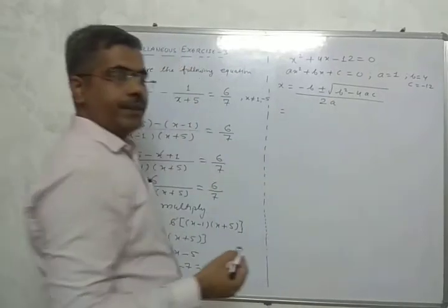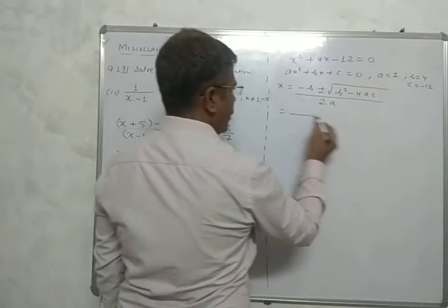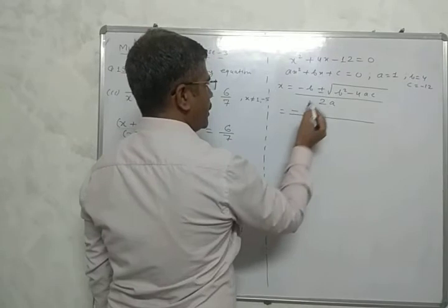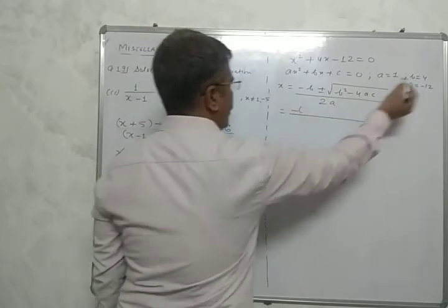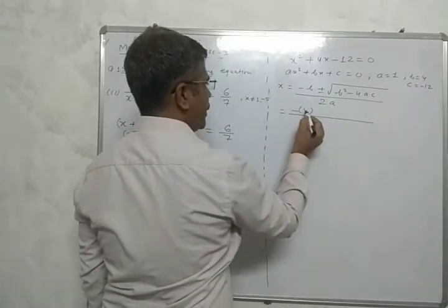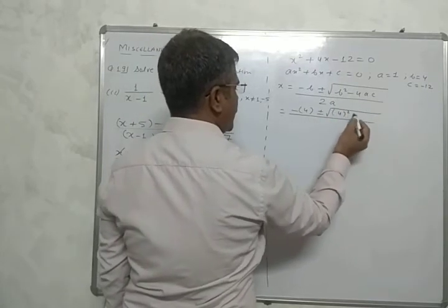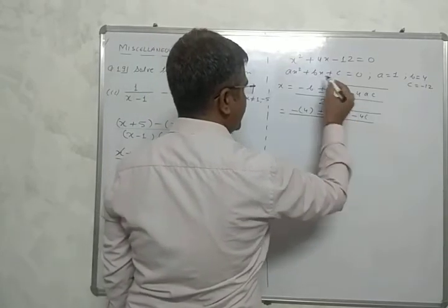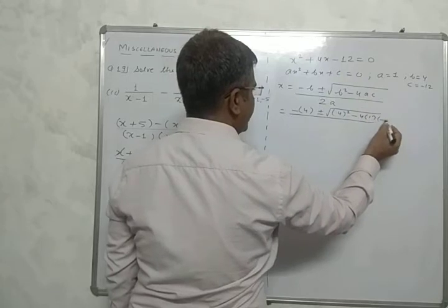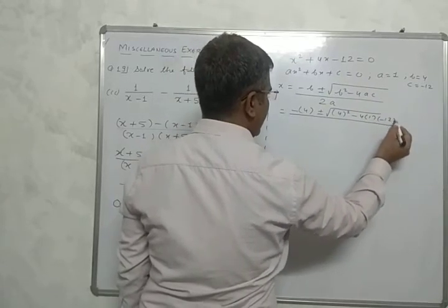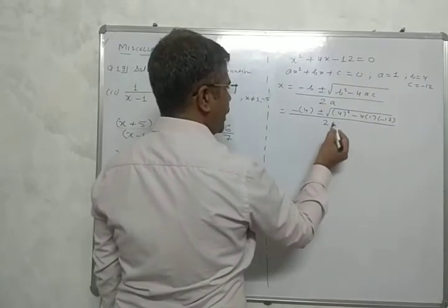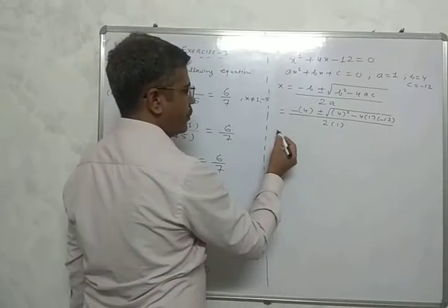Put value of a, b, c in formula. We have minus b, b is 4. We write here 4 plus minus 4 whole square, for a is 1 and c is minus 12, upon 2a, a is 1.